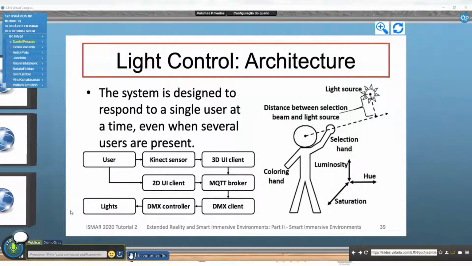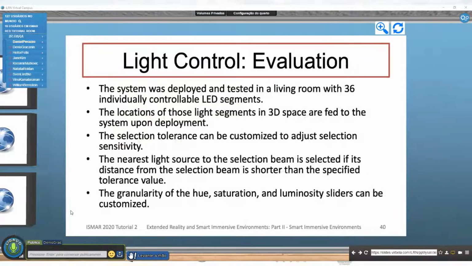How do we evaluate that? In this particular case, we have 36 individually controllable LED light segments. We were able to identify them and provide them to the system.